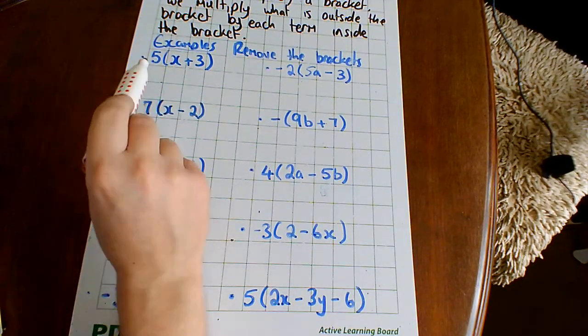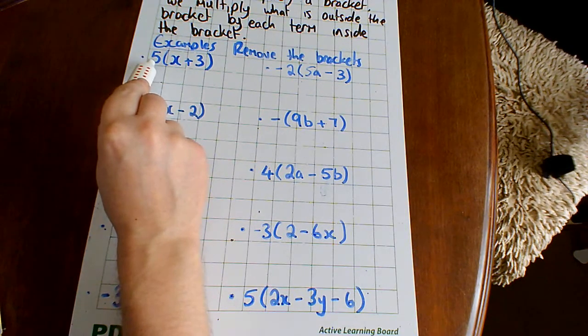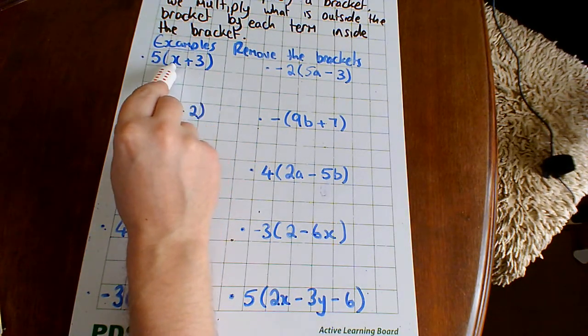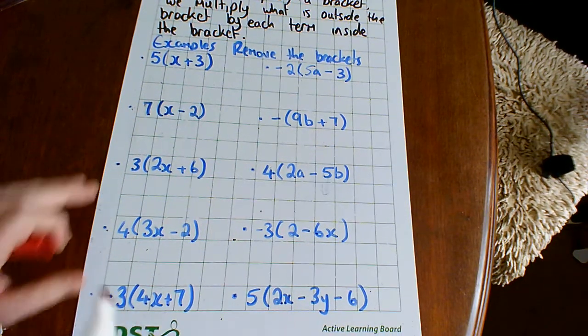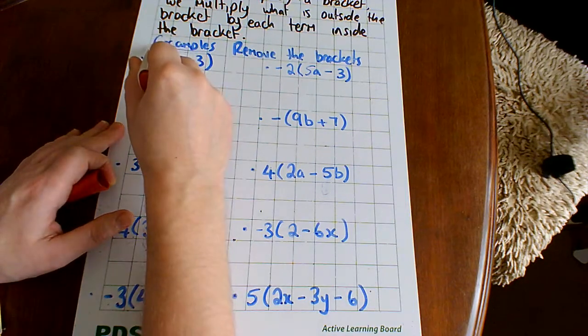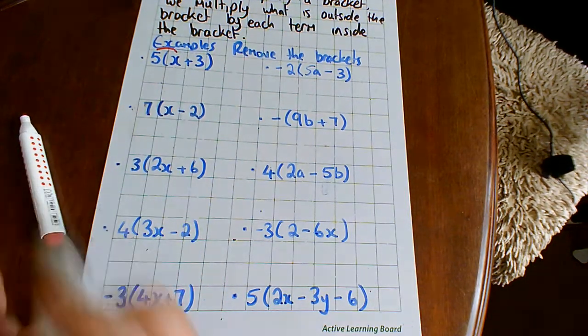So remove brackets. What we do is we multiply what's outside the bracket, the 5, by each term inside the bracket. There are 2 terms inside the bracket, an x and a 3. The way I do this, just to make sure I don't forget any, I draw a line from 5 to the x. And what's 5 multiplied by x?